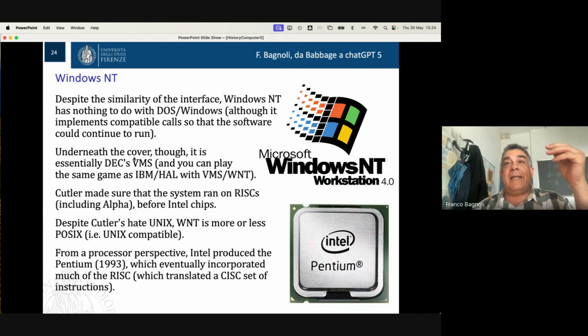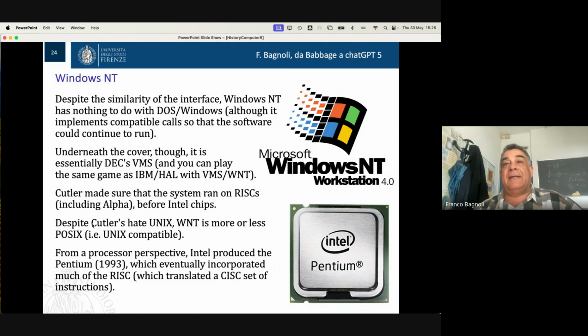And so Windows NT, which at that time was an operating system essentially for servers, even though after some time the workstation version also appeared, was essentially the operating system by DEC with an interface like Windows, and clearly with the possibility of running DOS and Windows programs in a box.